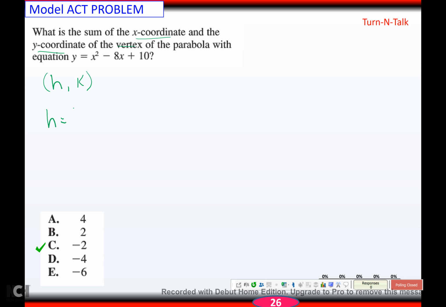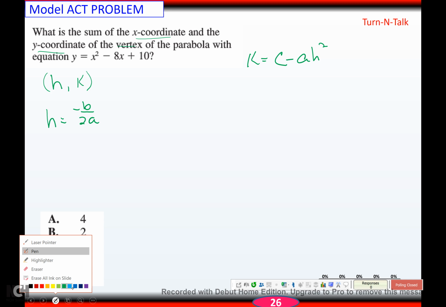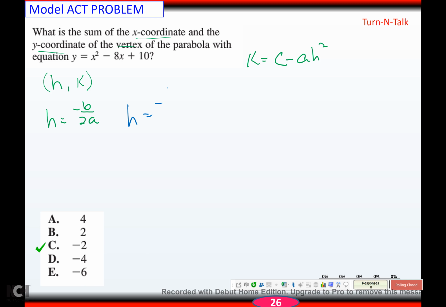You can find h by taking negative b divided by 2a. You can find k by doing c minus ah squared. That will find you your h and k, which finds you your vertex. So h equals negative, my b is negative 8, over 2 times my a, which is 1.